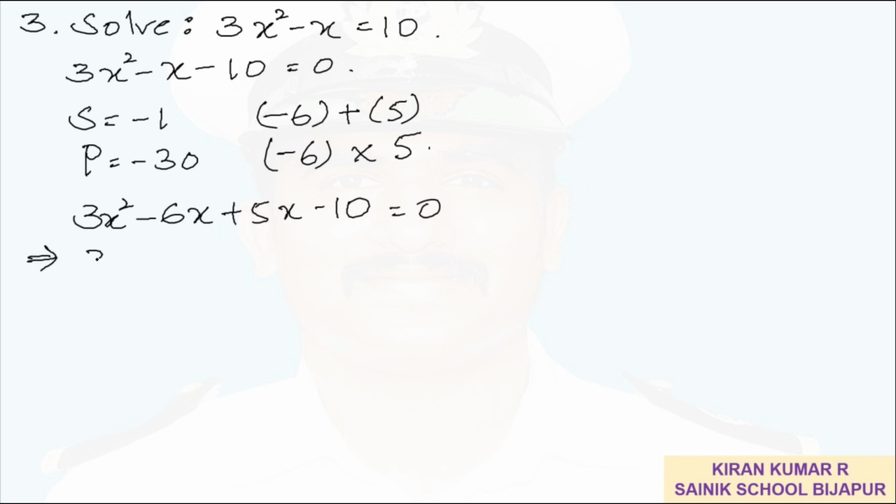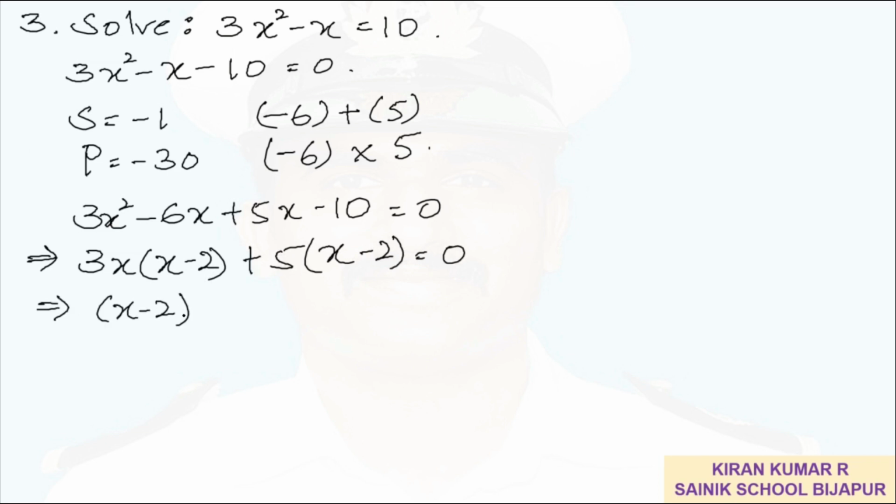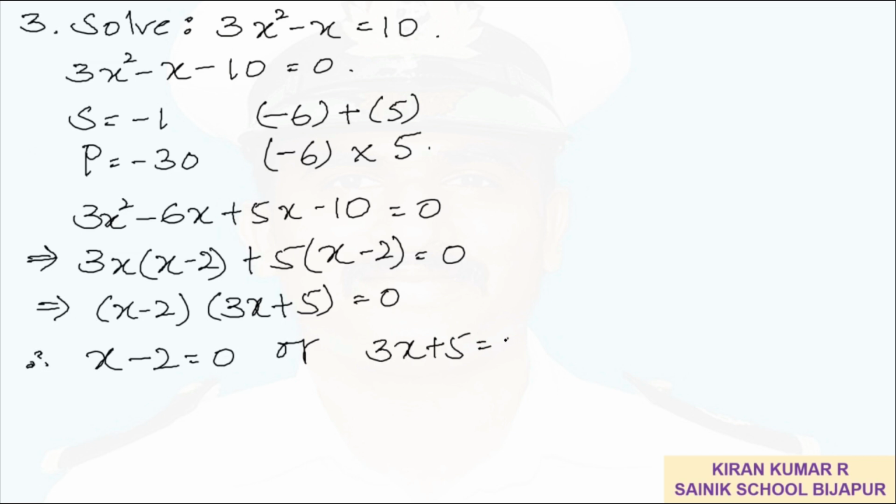First two terms, 3x common, we get x minus 2, plus 5 is common, we get x minus 2 equal to 0. Now there is x minus 2 common, multiplied by the left out 3x plus 5 equal to 0. Therefore, either x minus 2 is 0 or 3x plus 5 equal to 0.